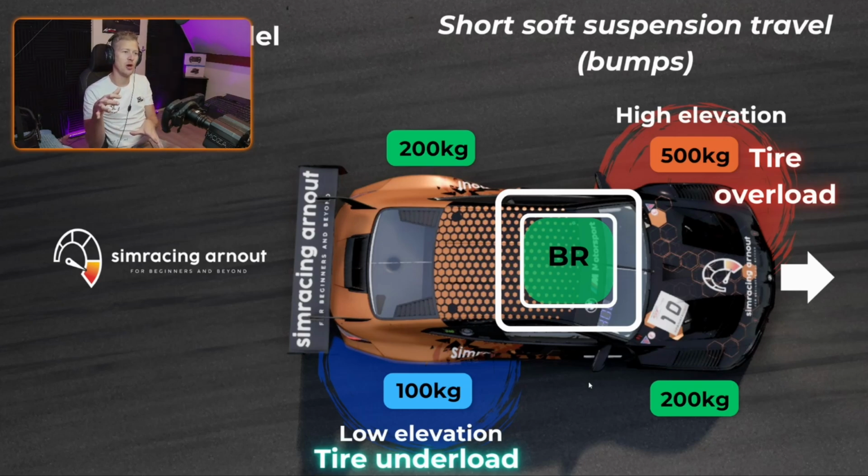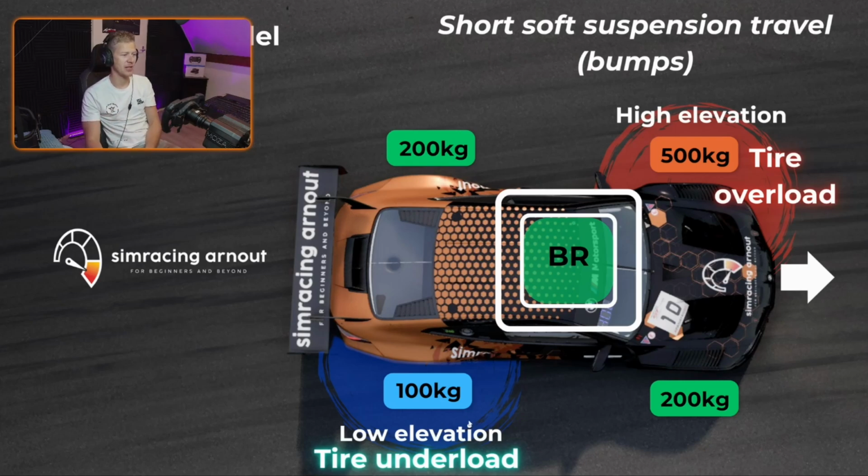Let's say you go on a track like Alton Park or Nordschleife, there will be a situation where this part of the track will be higher and this part of the track will be lower, right? So all of a sudden, with a short suspension travel, meaning not a lot of mechanical grip, this tire gets the overload, because the spring is compressed fully and it basically cannot go anywhere, so the tire patch is influenced in a negative way.